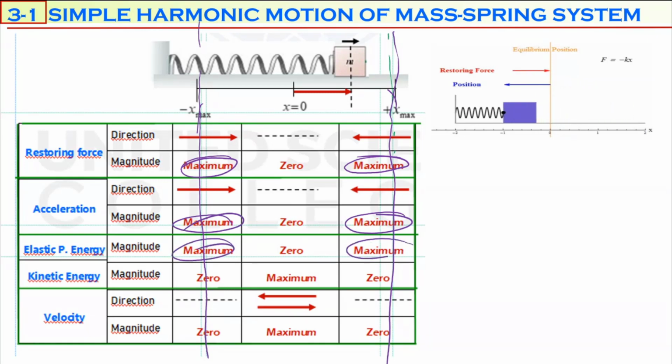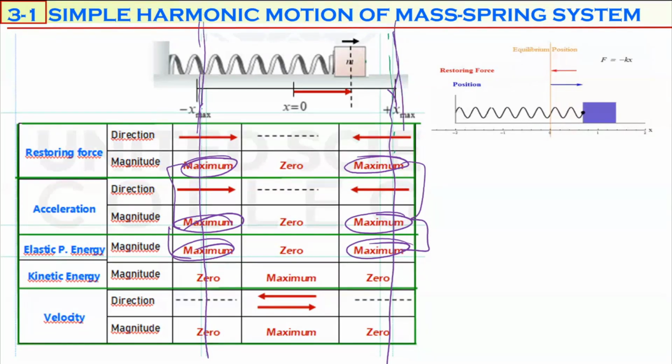Elastic potential energies are maximum at these positions. So these three are maximum at maximum compression and at maximum stretch. However, while these three are maximum, the other two become zero, because at maximum compression and at maximum stretch the object stops, velocity is zero, and also kinetic energy is zero.